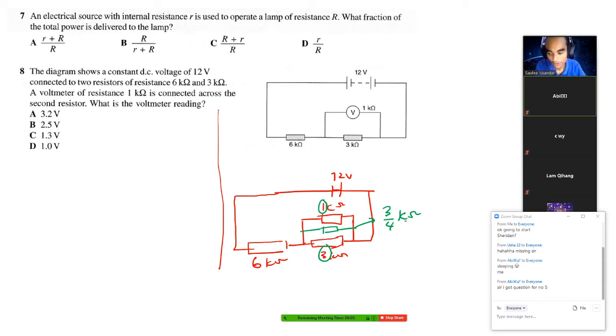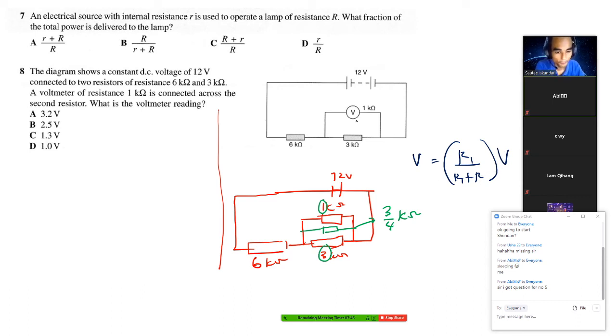Then we have to use the potential divider formula. Remember, V equals R over (R1 plus R) times V. We have to use this so many times again.